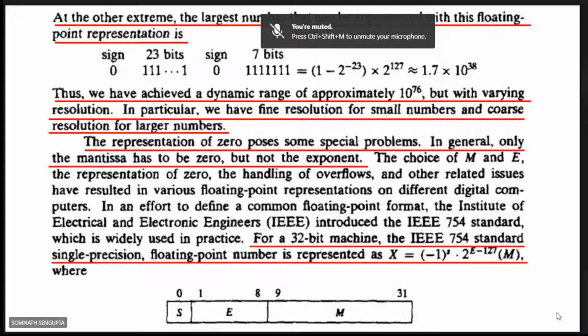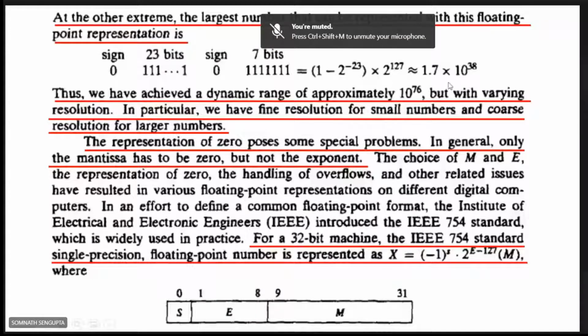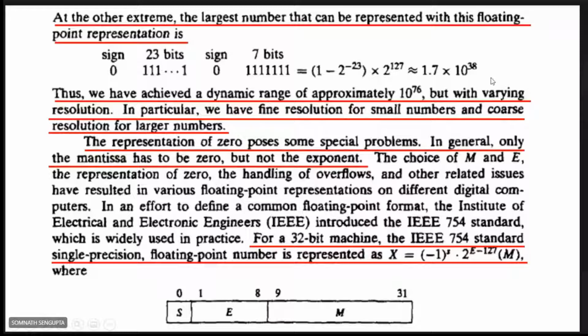All 23 bits are 1, and the exponent is a positive number, so the sign bit is 0 and the remaining 7 bits are 1. In that case this is the magnitude: 1.7 into 10 to the power 38.